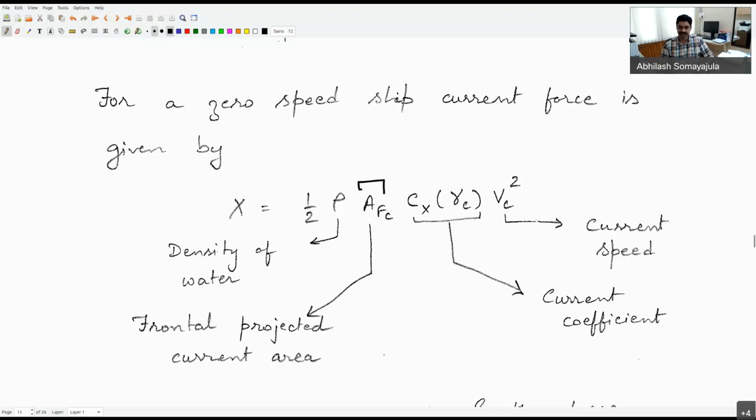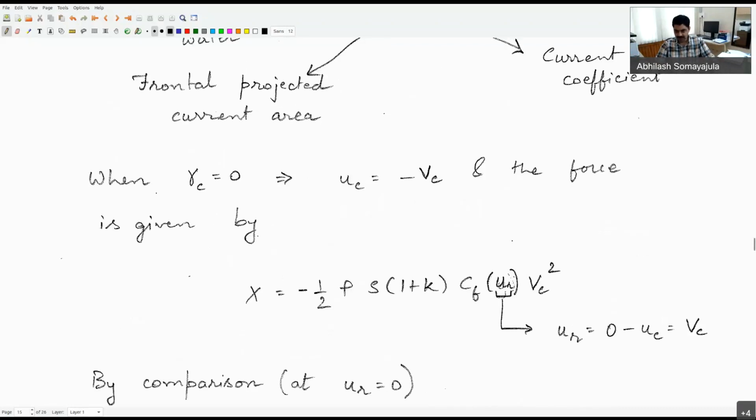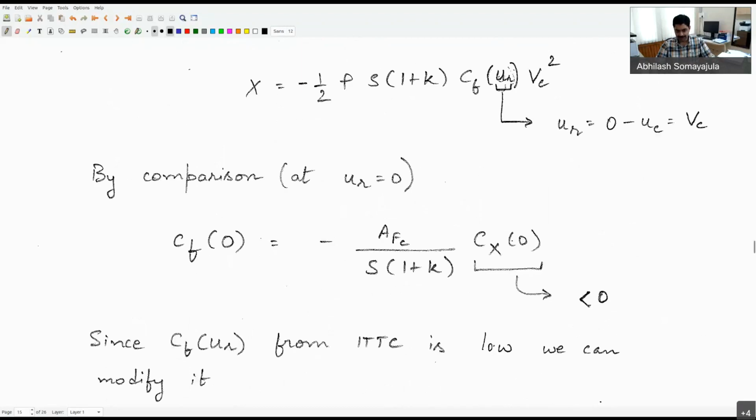You generally find that the resistance calculated using the previous formula is not very applicable when we are looking at slow speeds. That is why we have to resort to experiments to compute this so-called current coefficient. If you compare the two, you will see that they are different by this ratio of areas.